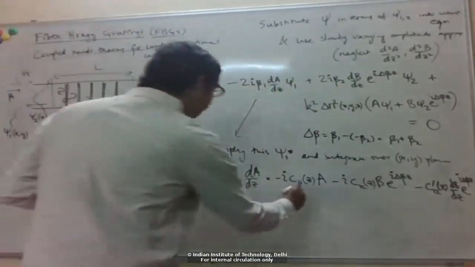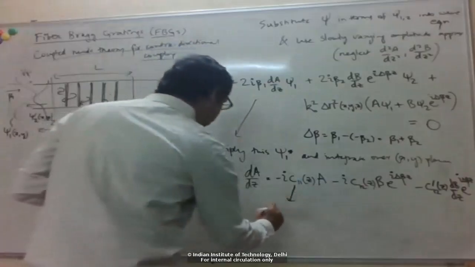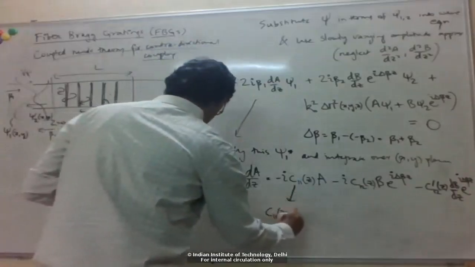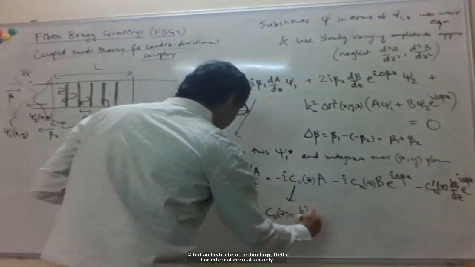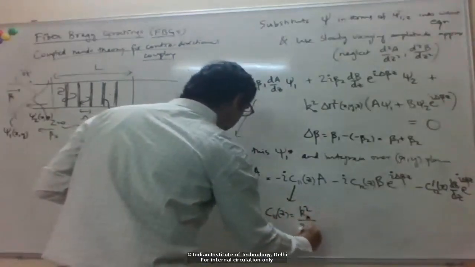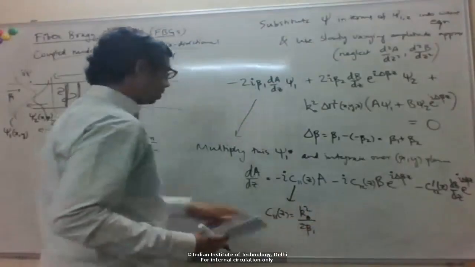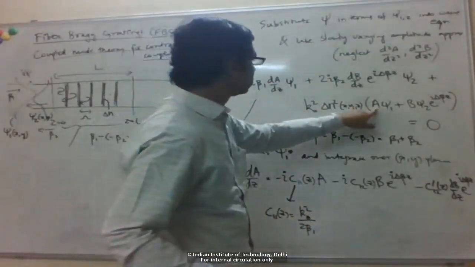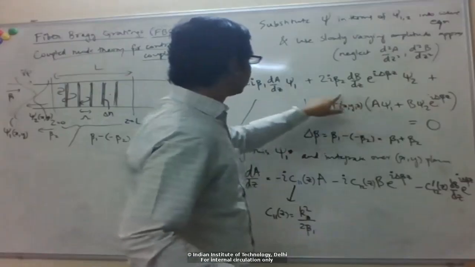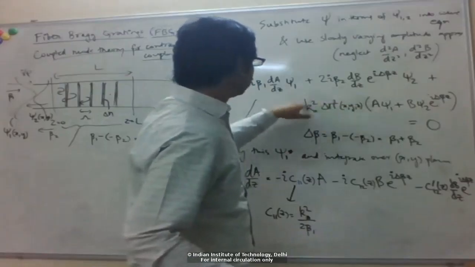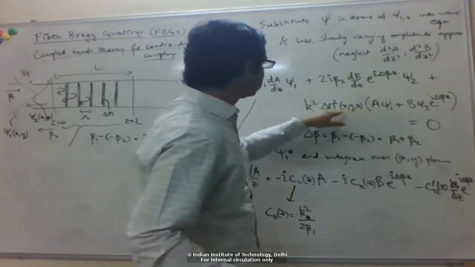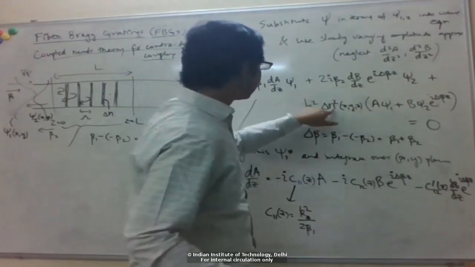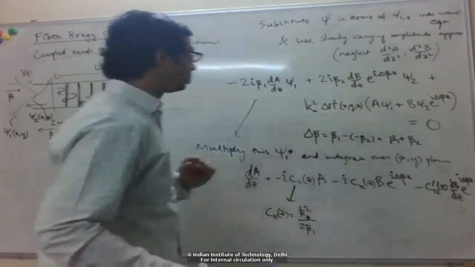So this C11 here, right? So that's coming with A. So A is here, right? So when I multiply again by psi1 star and integrate, we'll get integral of psi1 star delta n square psi1.